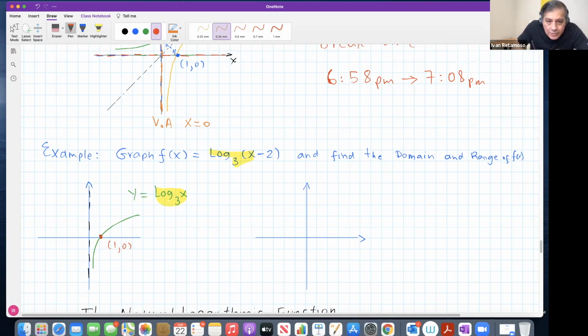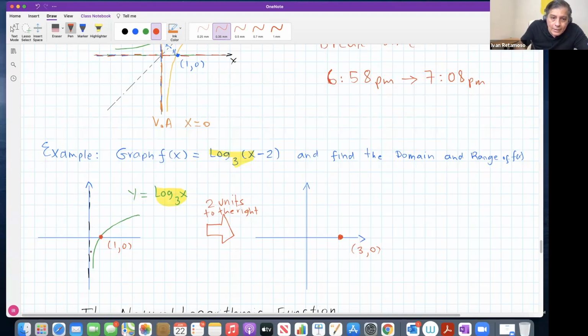For example, shift this x-intercept, which is originally at (1,0), 2 units to the right. Where will it appear? Well, this is 1 unit away from the origin, here 1, 2, it will appear here. So the new x-intercept is going to be located at (3,0) now.